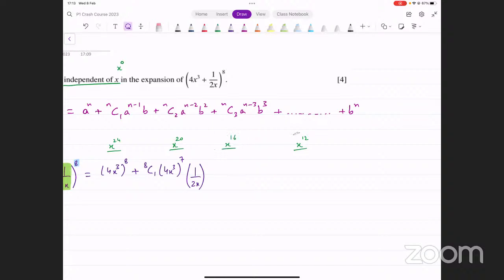The one after that is going to be x power 8. Then x power 4. And then we are going to have x power 0. And this is the term that you're actually looking for. Now, how do you get to that particular term now?